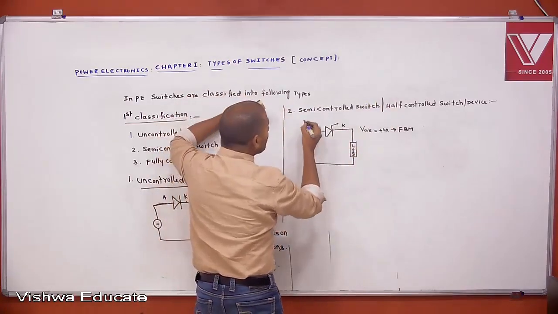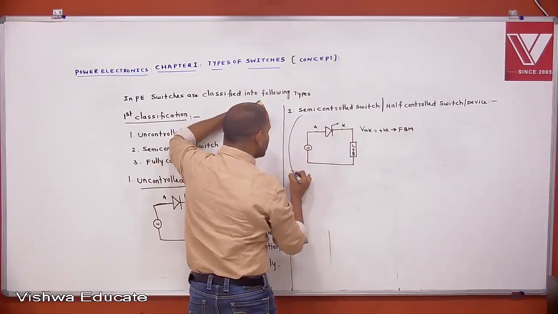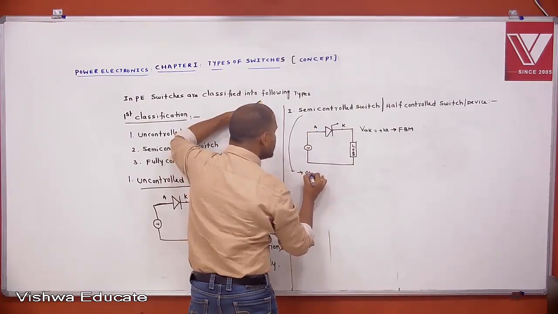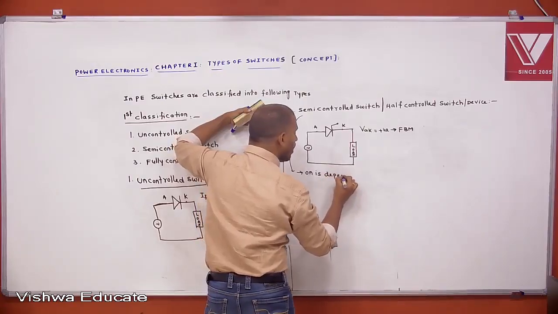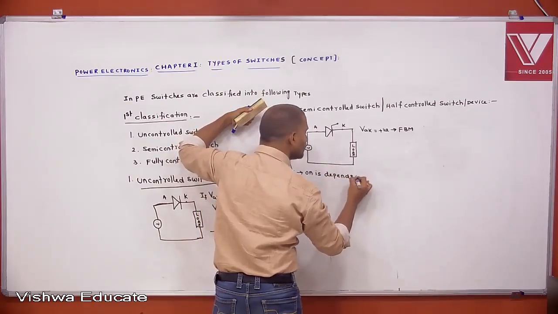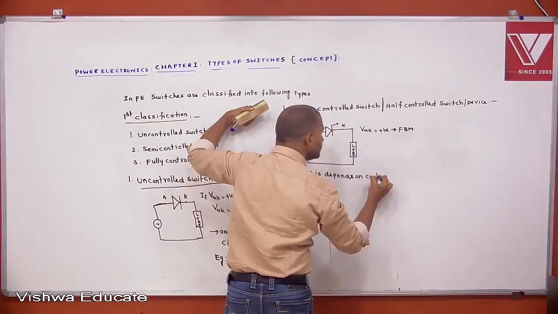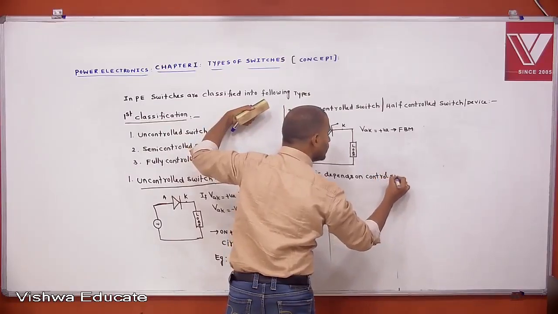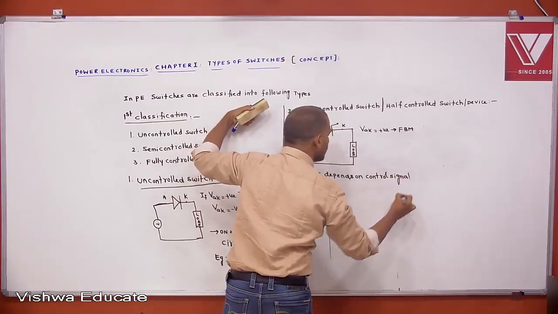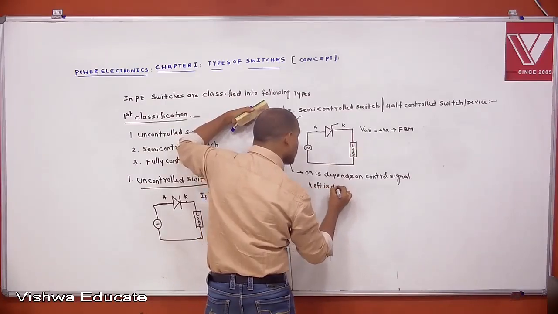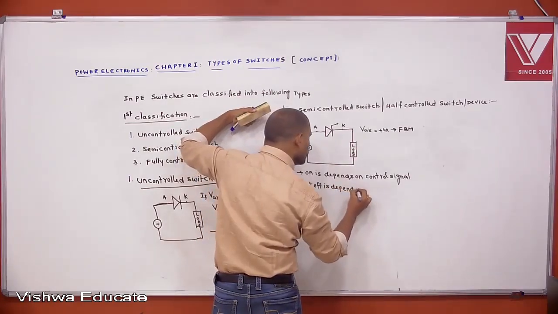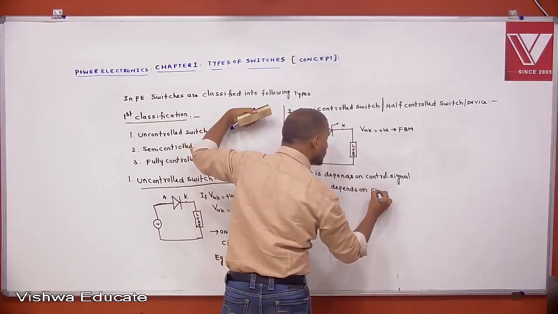What is a semi-controlled switch or half controlled switch? On depends on the control signal, and off is determined by circuit conditions.